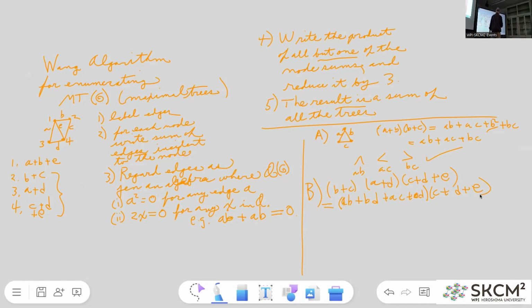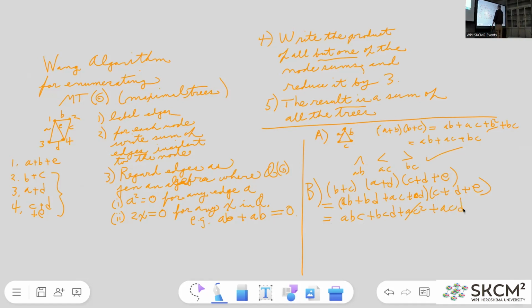AB, BD, AC, CD. Okay. And now I multiply this out. I get ABC, I'm doing C, plus BCD, plus AC squared, that's 0, and plus ADD.